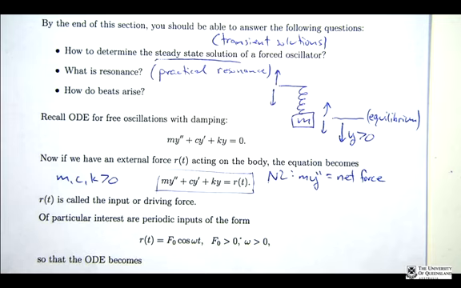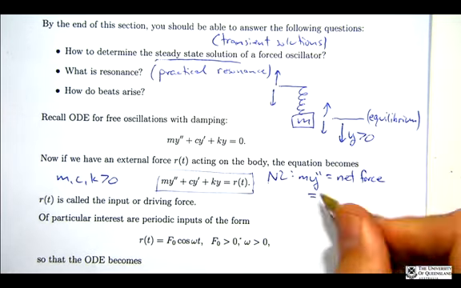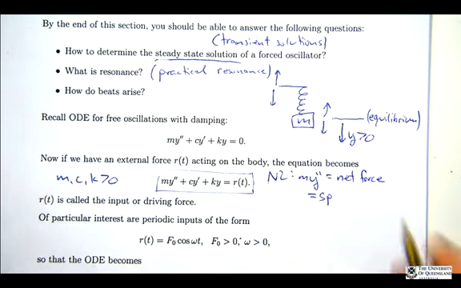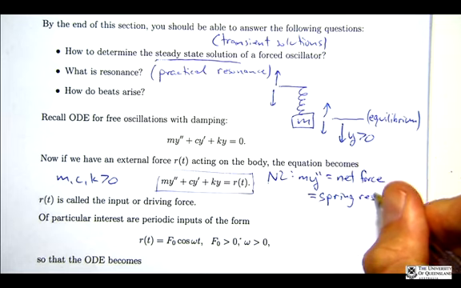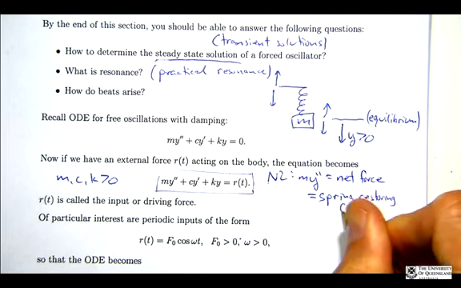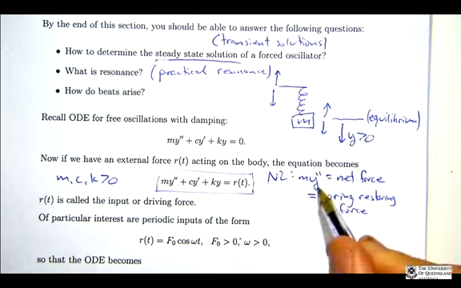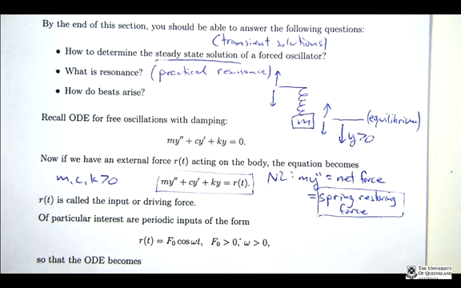So in this case, the model that we're considering is the sum of the forces, including a spring restoring force. This is actually Hooke's law, where the restoring force is proportional to the displacement. So if I pull the spring back this way, there's a restoring force going in the opposite direction.